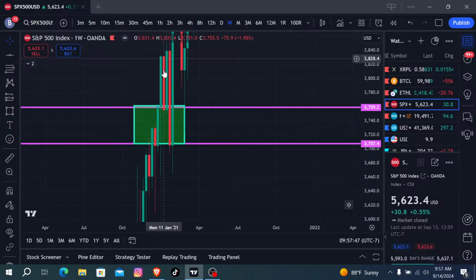So yes, I already know I have 1 candle, 2 candles. So now I'm waiting for the third one because it's a box already. I can see that.